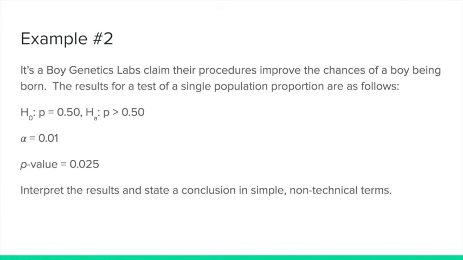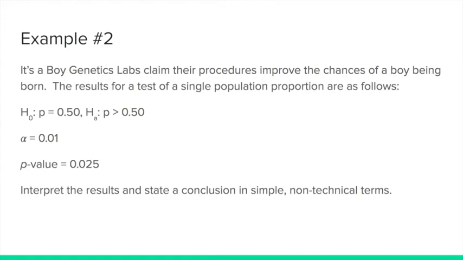If their procedure doesn't work, then we're assuming that the chance of having a boy versus a girl is 0.5. What they're claiming is that they improve the chances, so their proportion would be greater than 0.5. In this case, the p that you see there is not a p-value. That p is the population proportion. The null hypothesis is that the proportion is 0.5, and the alternative is that the proportion is greater than 0.5.